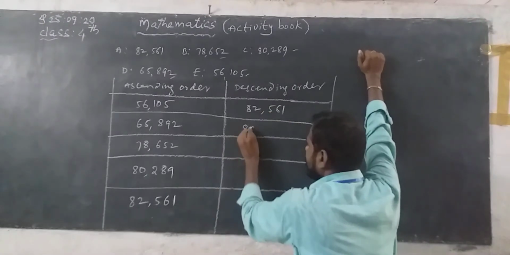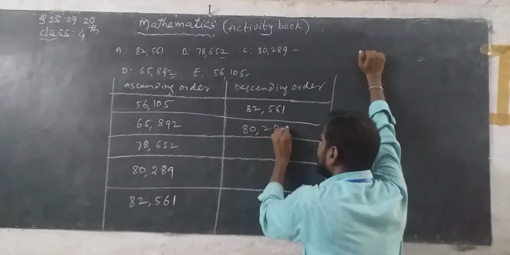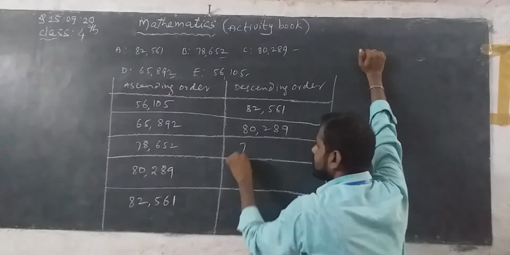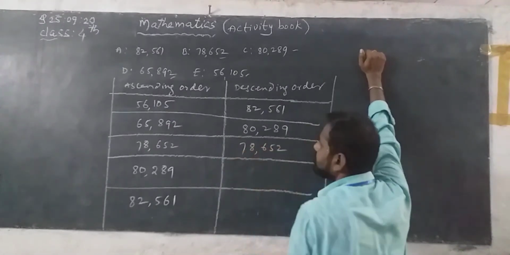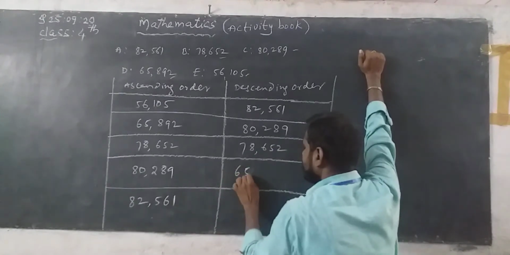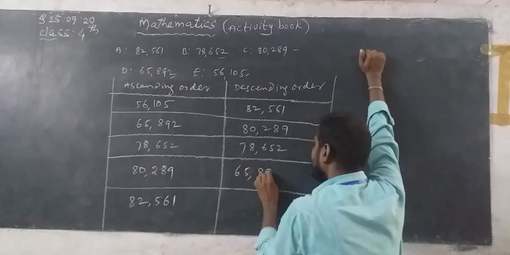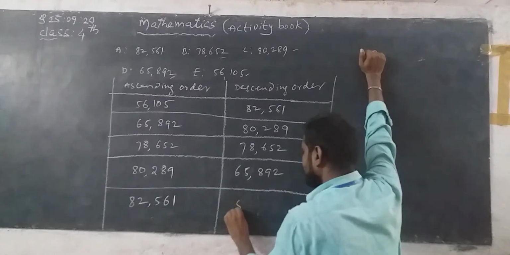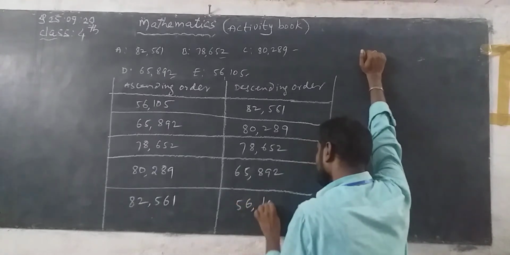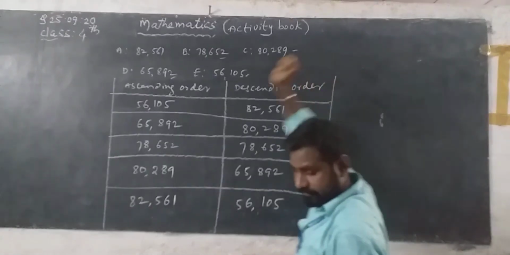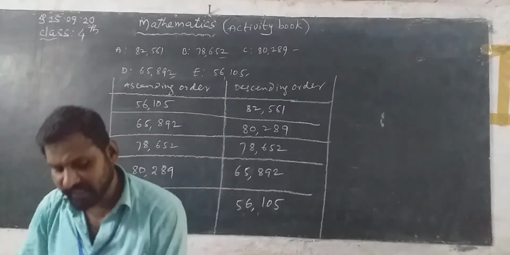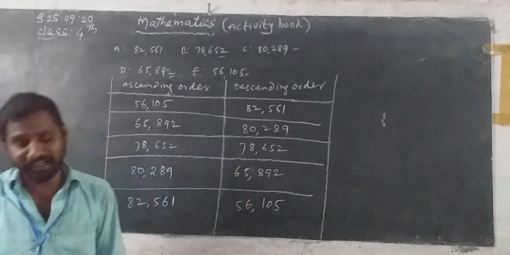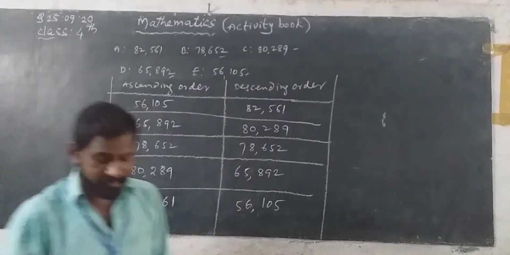Next 80,289. Next 78,652. Next 65,892. Next 56,105. Now next, estimate the following numbers to the nearest 10. This is a very important topic. Listen carefully.